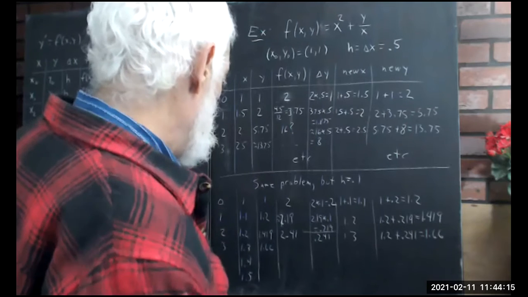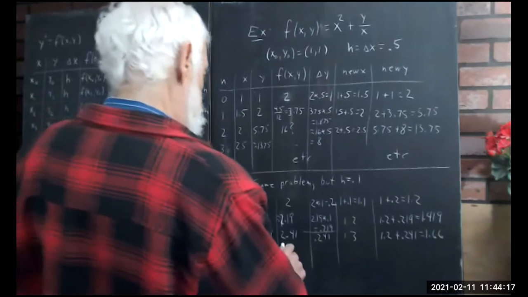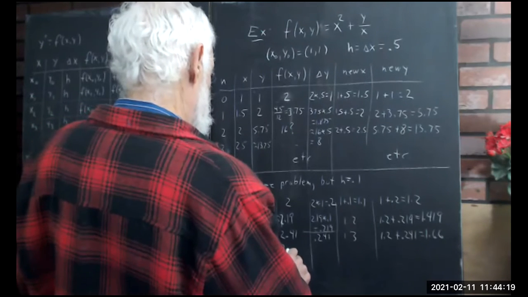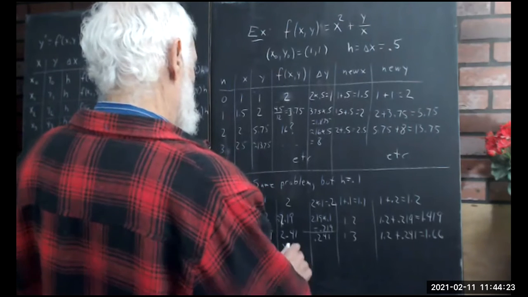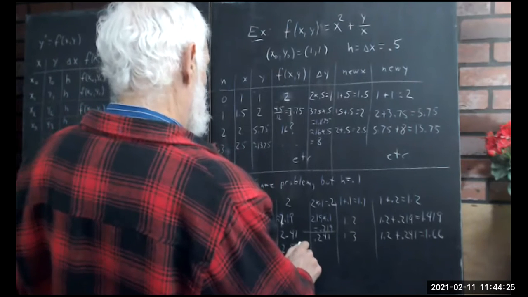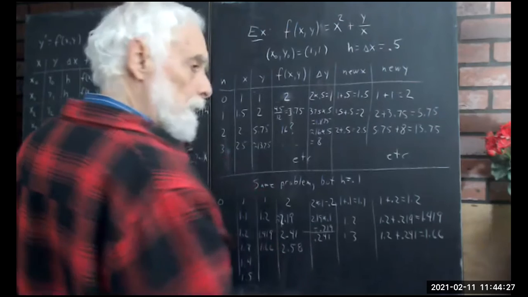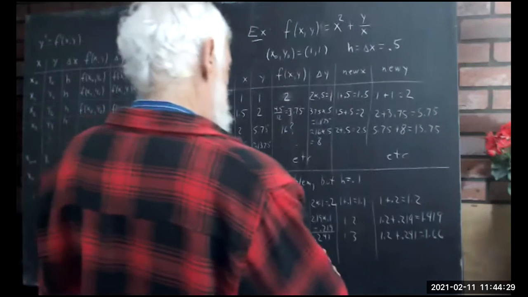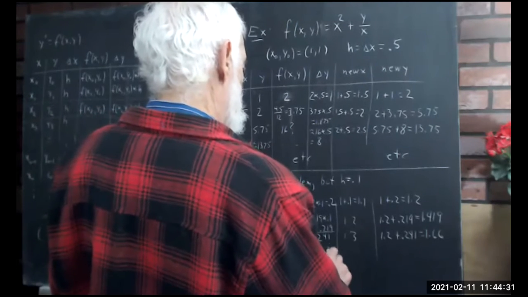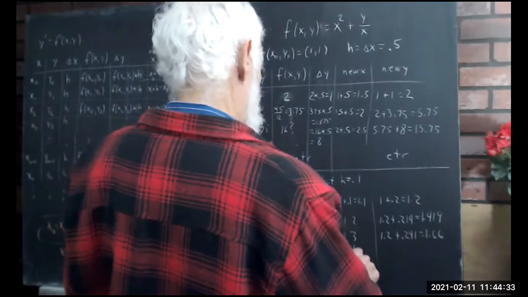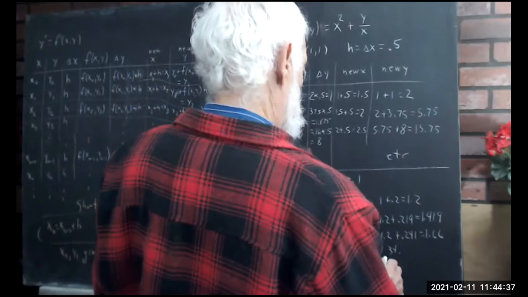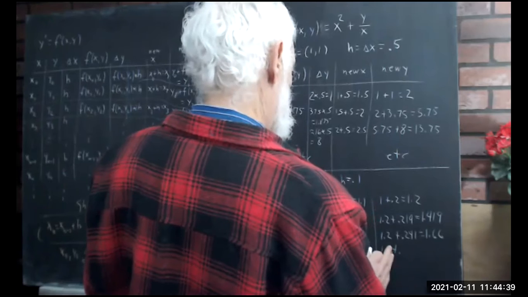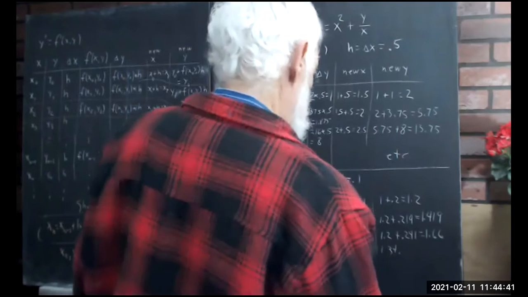I add that to 1.3. And I get something a little less than 2.6. I don't know, 2.58 might be it. So I'm going to get a 0.258 here, and I'm going to get a 1.4 here, and I'm going to get a 1.3, a 1.66. Uh-oh.